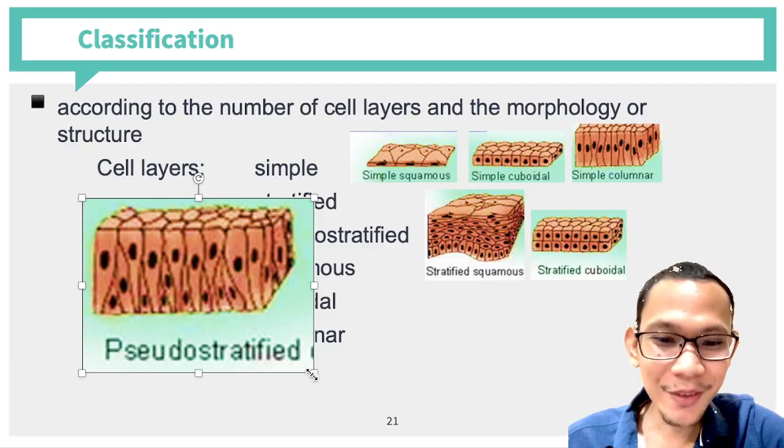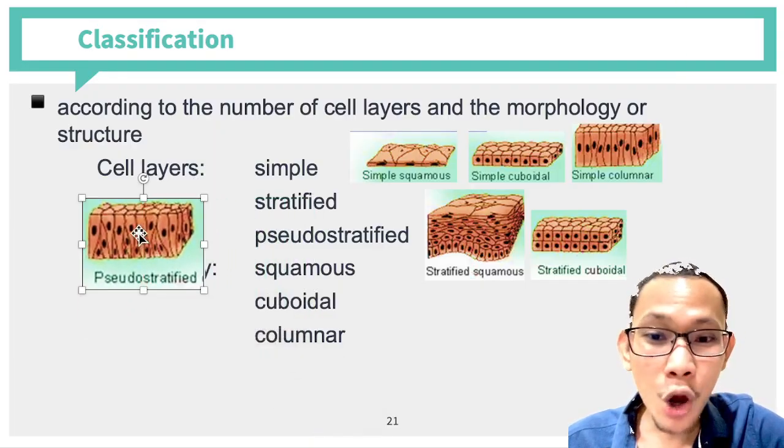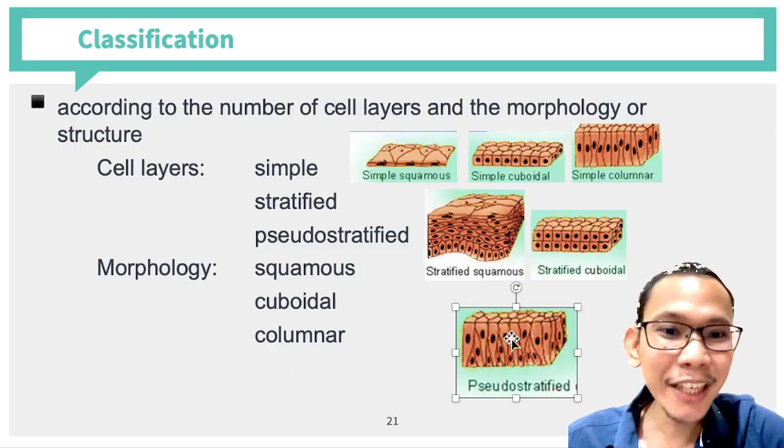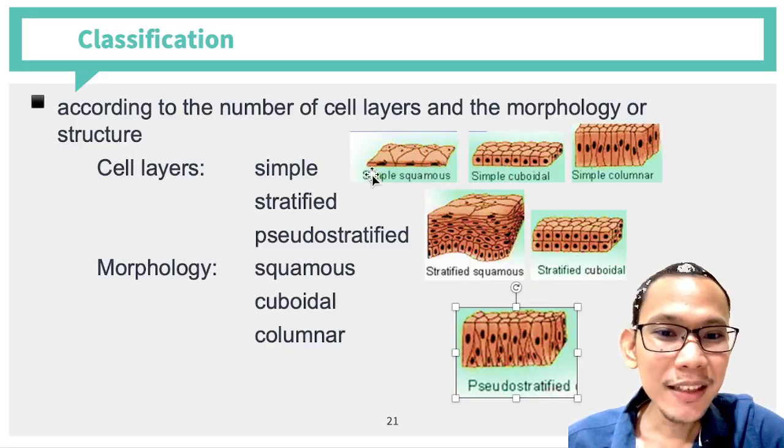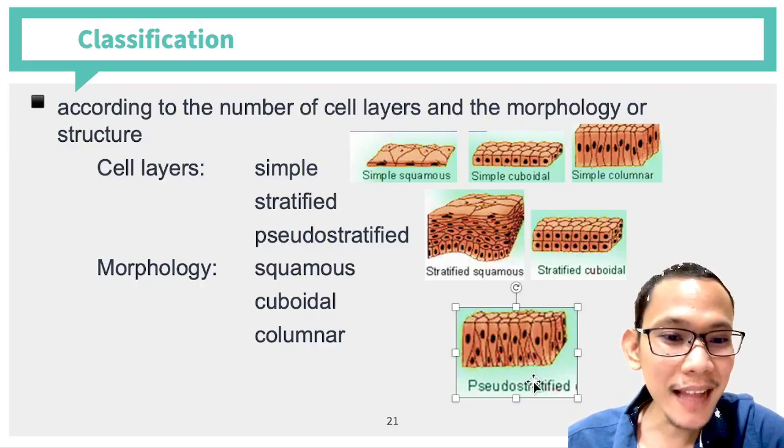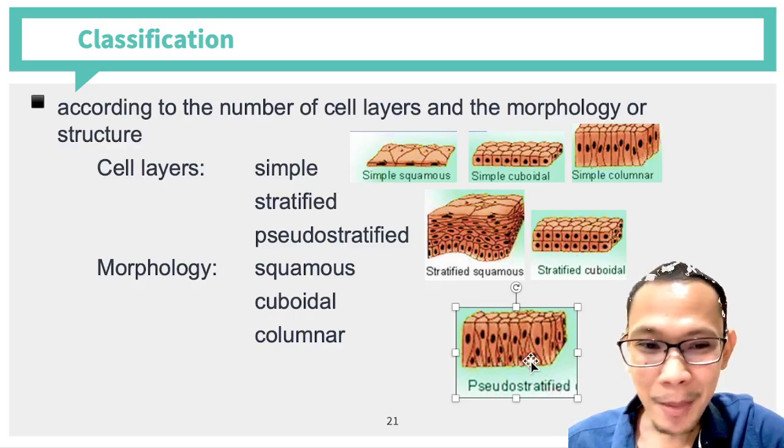Okay? Pseudo-stratified, how many layers? 1 layer. Same lamang sa ating simple, kaya lang hindi lahat ng cell natin dito is nakaabot sa apical surface, pero lahat naka-attach sa basement membrane.